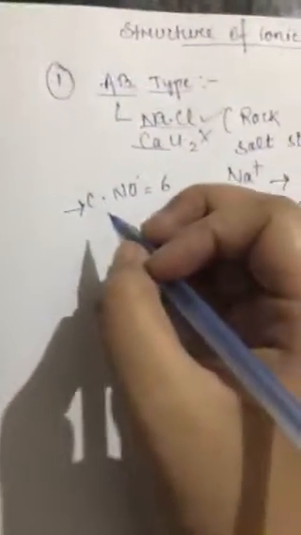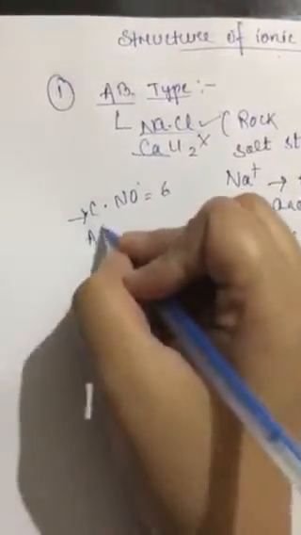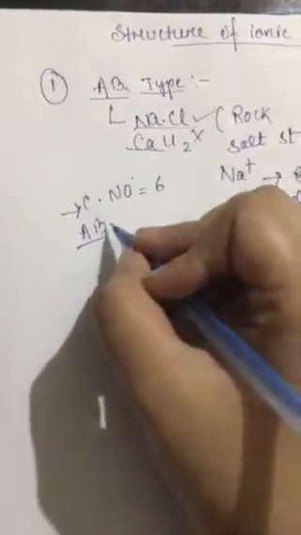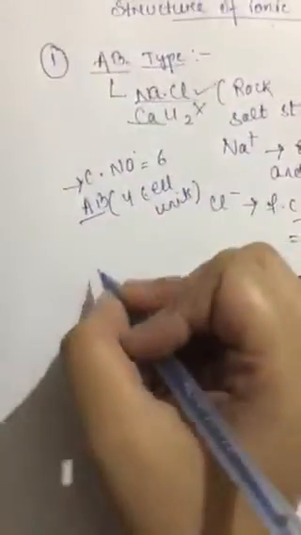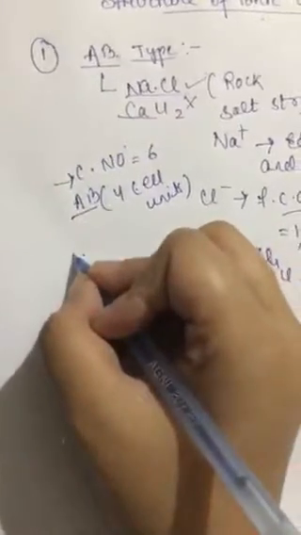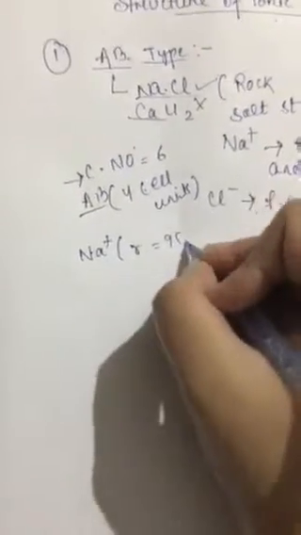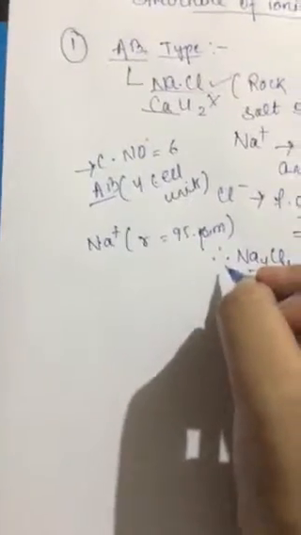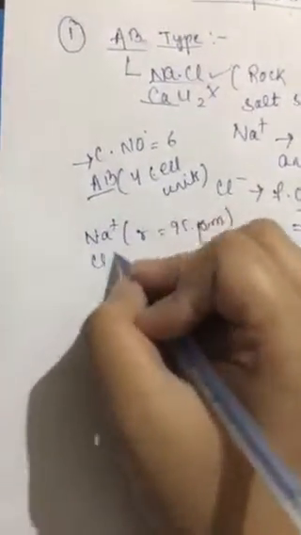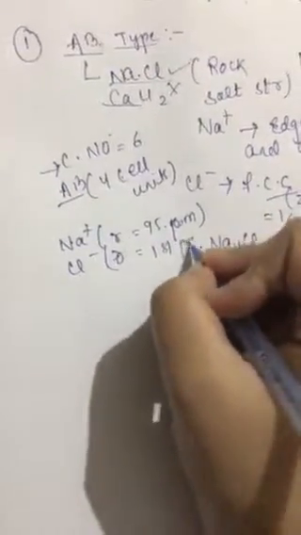So coordination number is 6. A unit cell of this AB type consists of 4 formula units. Now see here, the ionic radius of Na plus has its own value: r is equal to 95 pm, and Cl minus r is equal to 181 pm.